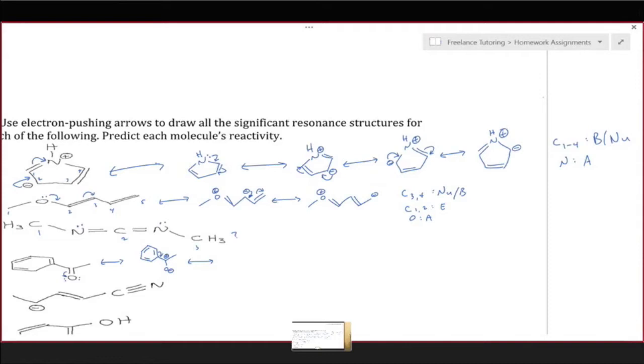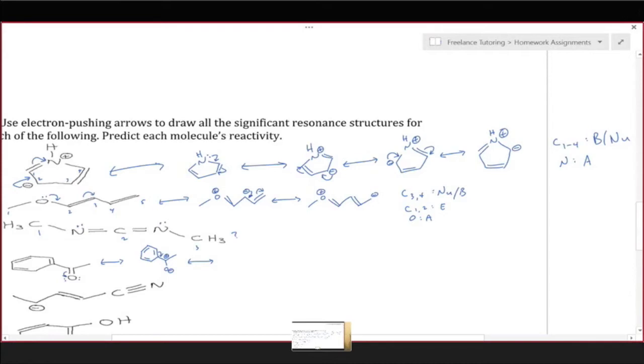Why is carbon 3 nucleophilic? Because of the negative charge in one of the resonance structures. Point to that. Great. And which is the other carbon that's nucleophilic? Oh, I'm sorry, I wrote the wrong number. That is 5.